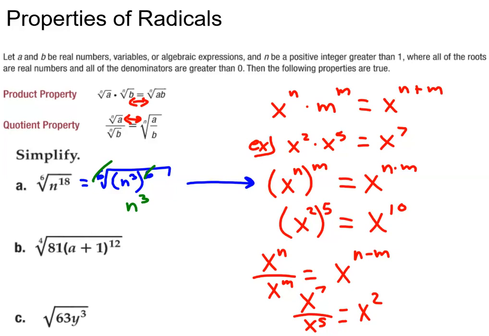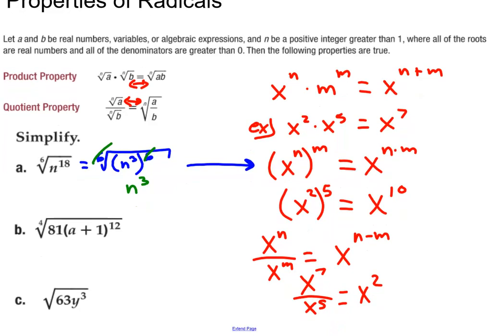For letter B, we have a little bit more work to do. In this case, I would probably use that product property first, where I would take them and give them each their own radical.